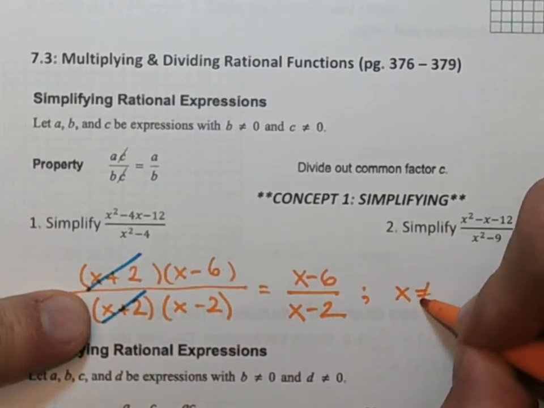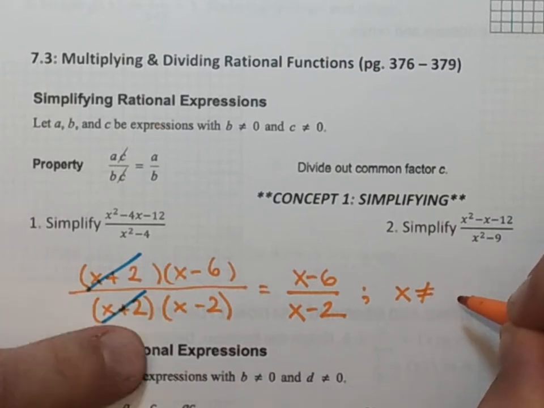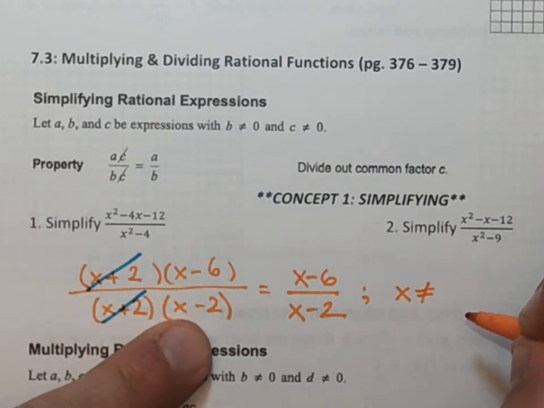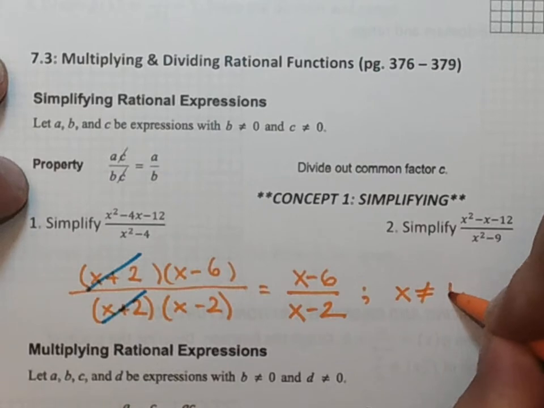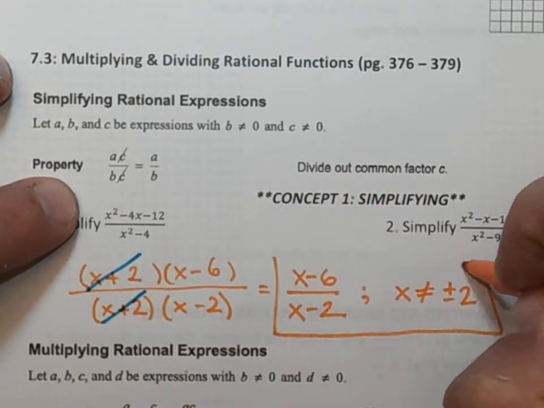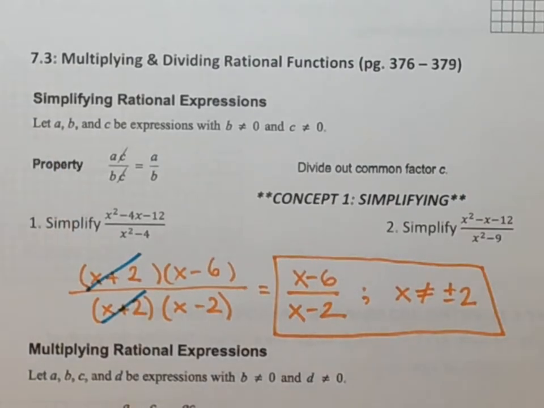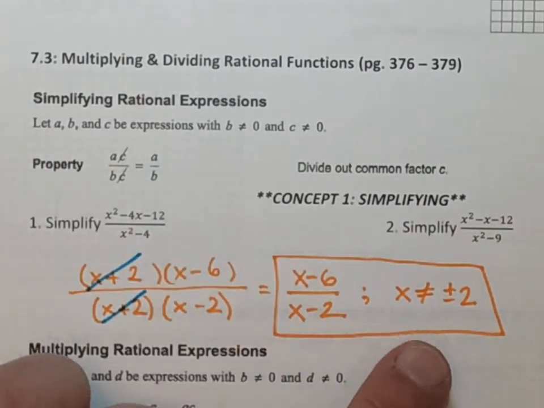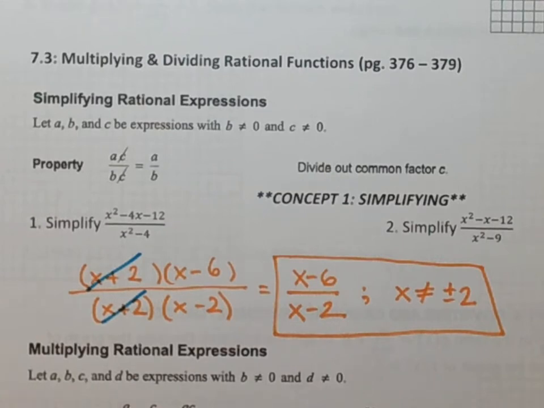So x cannot be negative 2, and positive 2 plus 2 is 0. So it cannot be positive or negative 2. And that's our answer: the simplified version, and basically stating what cannot happen for it to be undefined. So there we go. There is number 1.